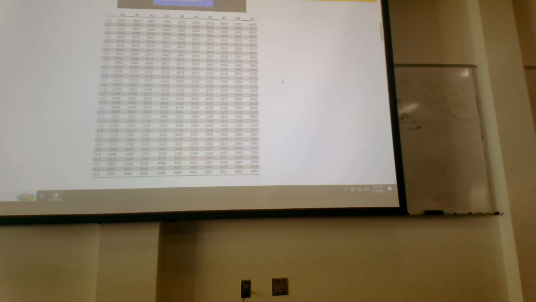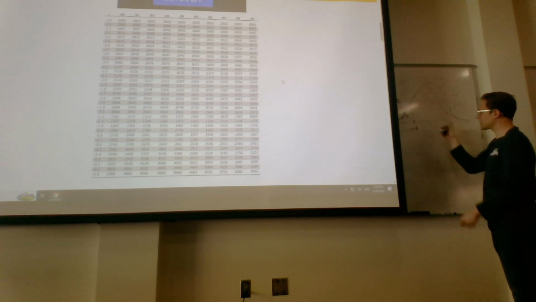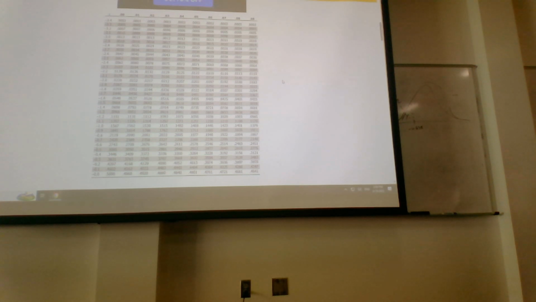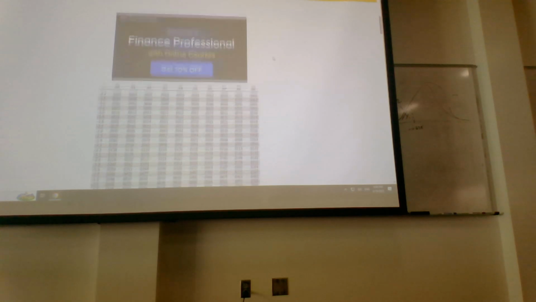So we just look at the table and figure out what is closest to the 20th percentile. You could say it's like 0.838 or something, but it doesn't matter. If you get close to it, it should be okay, as long as it's on the table. Get as close to it as the table can. So don't put negative 0.838.